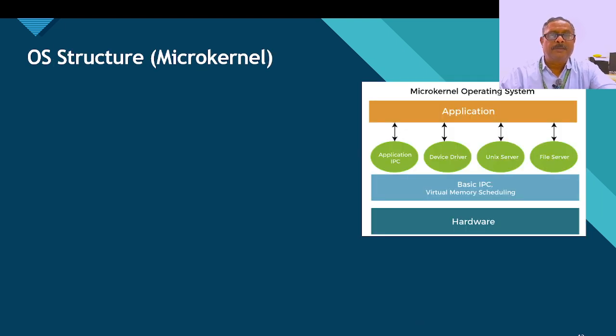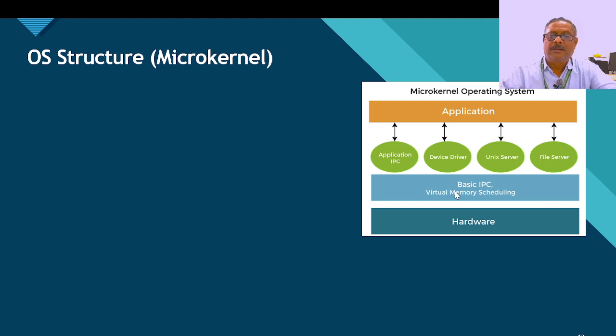To overcome this, we come across another operating system structure which we call microkernel. Instead of having the whole thing as one kernel, you define one microkernel where all the basic things are defined.